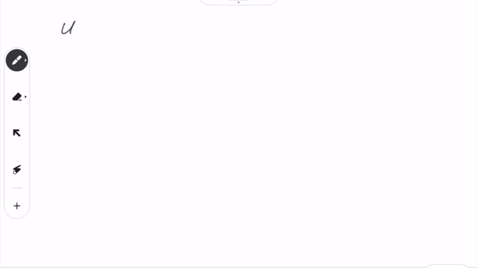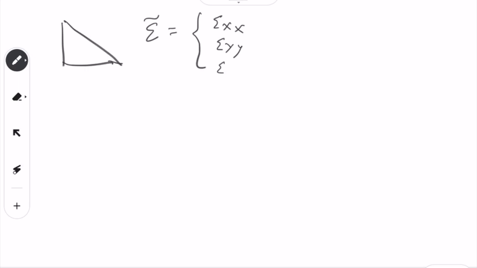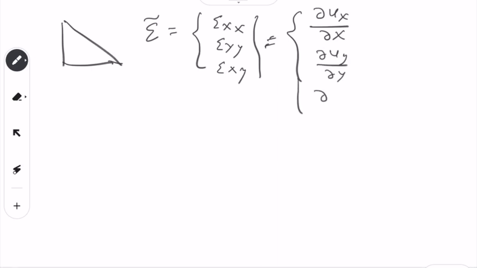So let's say for this element you have to find out the strain, meaning epsilon xx, epsilon yy and epsilon xy, which will be equal to del ux over del x, del uy over del y, and del ux over del y plus del uy over del x. So basically we have to calculate this one, and the rest is all just the relationships.